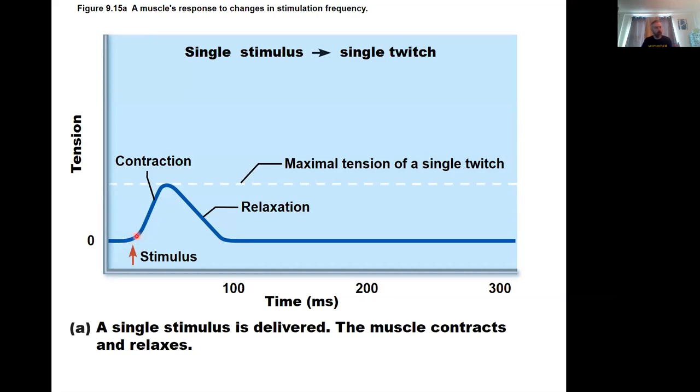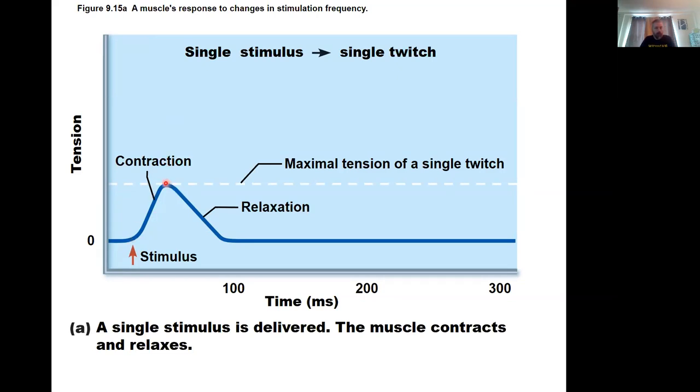When we're totally relaxed and we have a stimulus, our force starts at zero and we add this much tension. But what if we didn't start at zero? What if we started somewhere here or there, and we added this same amount to it? Well, we'd have a stronger contraction, wouldn't we? And so that is actually what we're going to do.